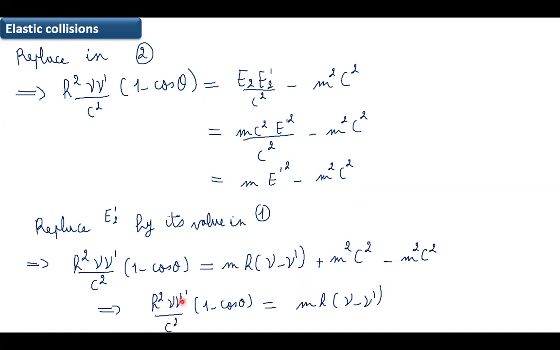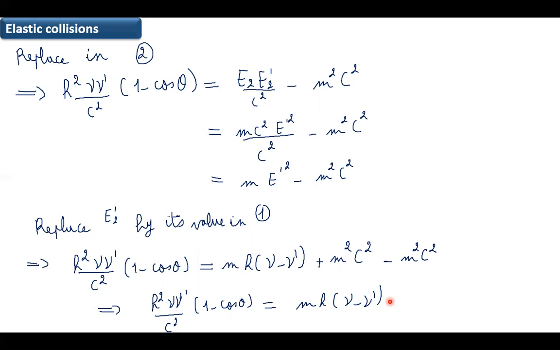So h squared nu prime over c squared times (1 minus cosine theta) is equal to m h (nu minus nu prime). Okay, so now we need to find the new energy h nu prime as a function of the initial energy h nu.